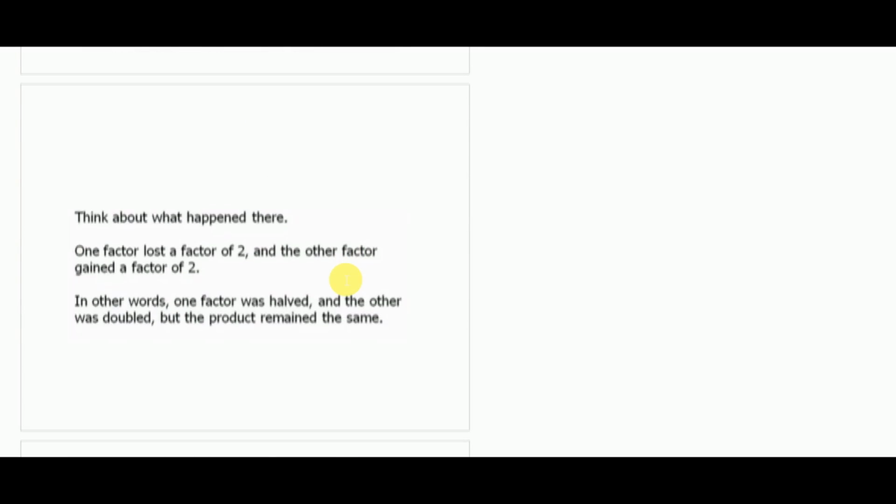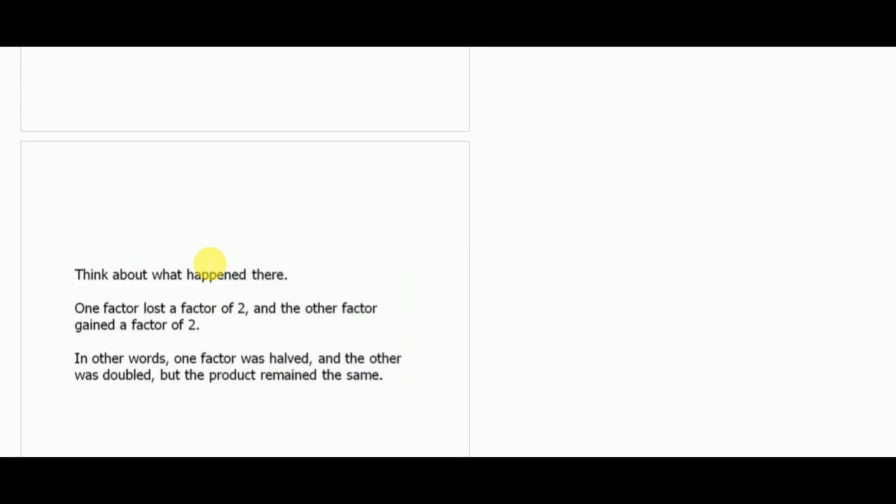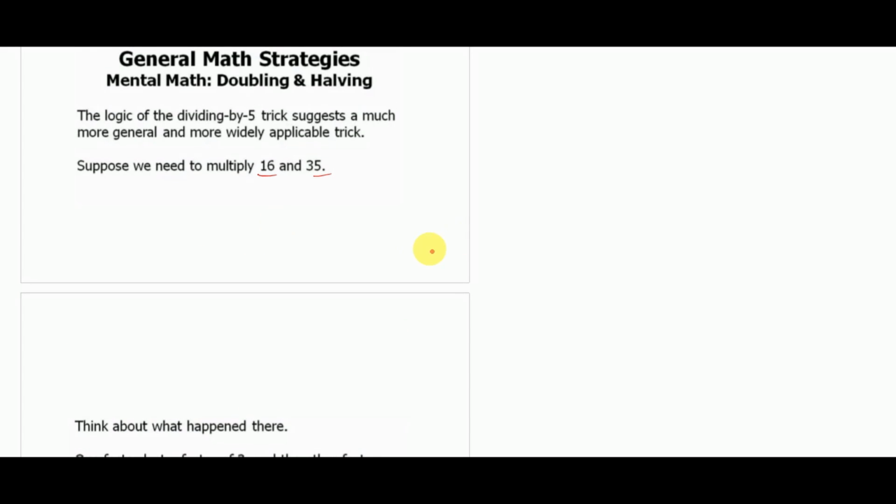All right, so think about what happened there. One factor lost a factor of 2 and the other factor gained a factor of 2. So with these 2 numbers, we can halve one number and double the other number. How does that work? If you have 16 multiplied by 35, you can rewrite 16 as a factor of 2 times 8.